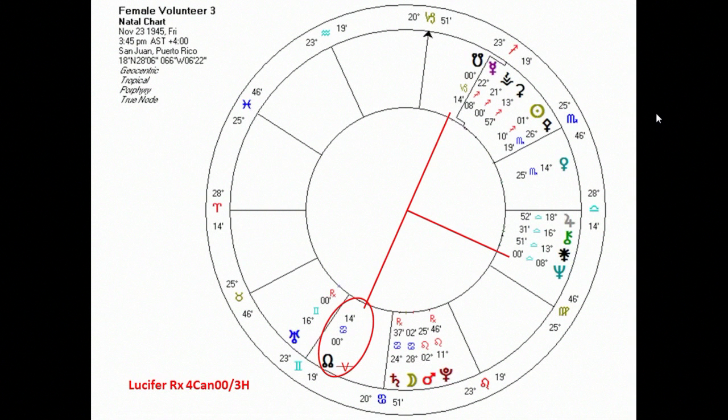Mm-hmm. And I would say that you would want to make the effort because Lucifer is conjunct the resolution node, as we call it, when a planet is square the node. Okay, and you can make it a little wide and include a few of those other Libra planets just by association.